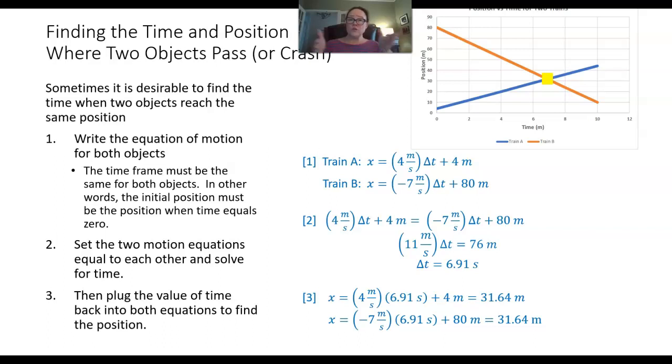I get all of the terms that have the delta t variable on one side of the equation and everything else on the other side. And so I can solve for delta t. And in this example, I find that it's 6.91 seconds. Then I take that value of delta t and I plug it back into both equations. And I find that at time 6.91 seconds, both trains will be at a position of 31.64 meters.